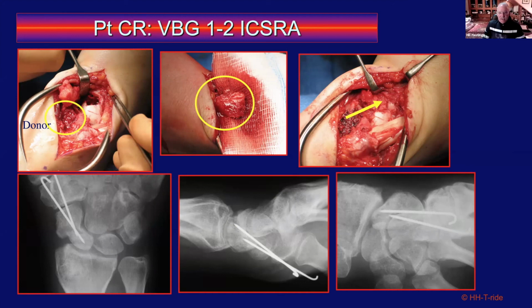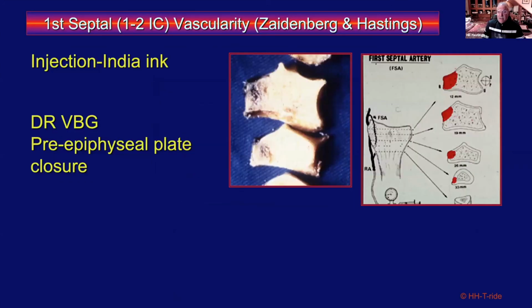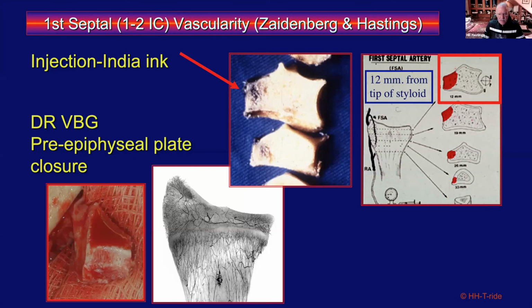These are some Indian ink injections by Carl Seidenberg when he was with me, looking at where we found the best vascularity with some 12 millimeters proximal to the tip. And it's worth remembering that these vessels are really epiphyseal vessels. So here on the left is an adolescent I did a case on, and you can see distal to the physis, it bled nicely, but proximal it didn't.